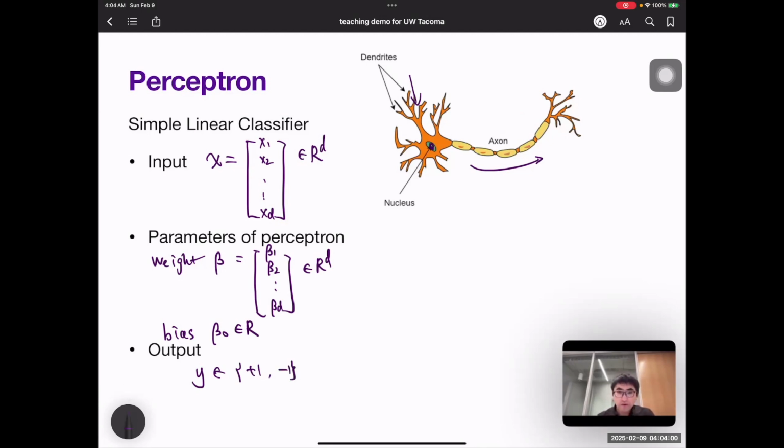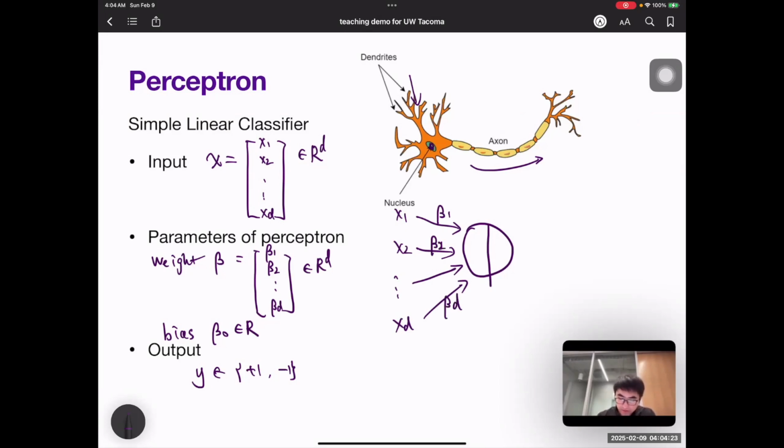Here is one graphical formulation. It has two parts. The first part receives the input signals X1, X2, to XD, and then the weight beta is applied on the edge. This part collects all the information by doing a summation of beta i Xi plus beta naught.